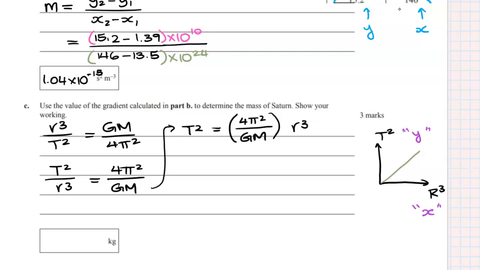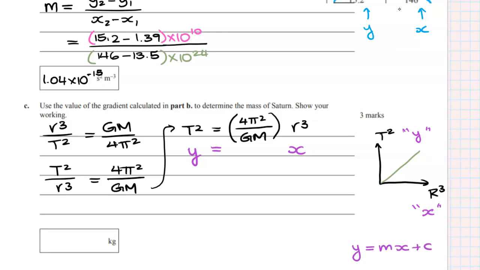Well, we said that t squared was like our y value. And we said that r cubed was like our x value. And you might recall that the equation for a line is y equals mx plus c.